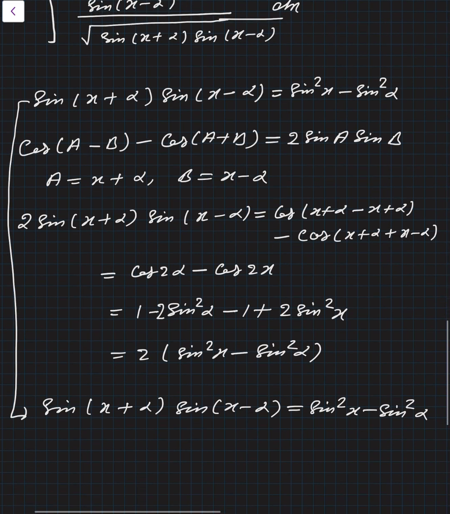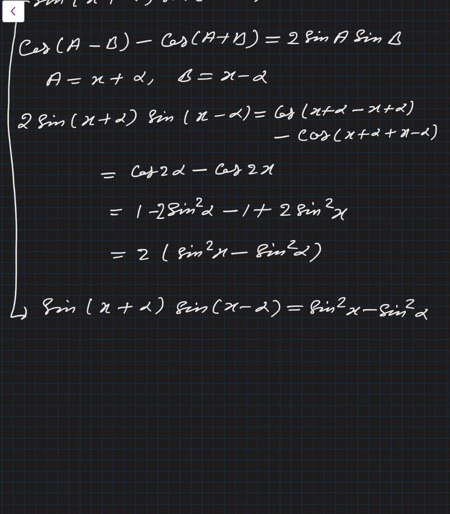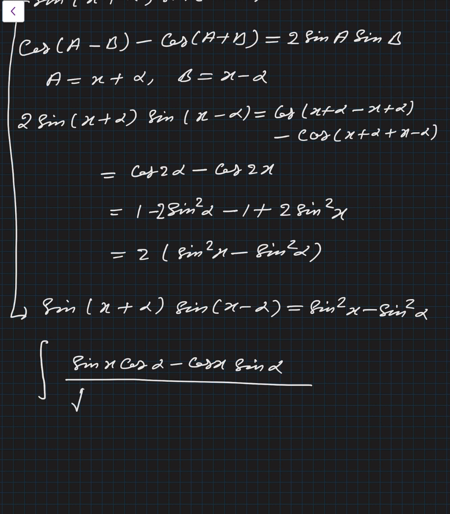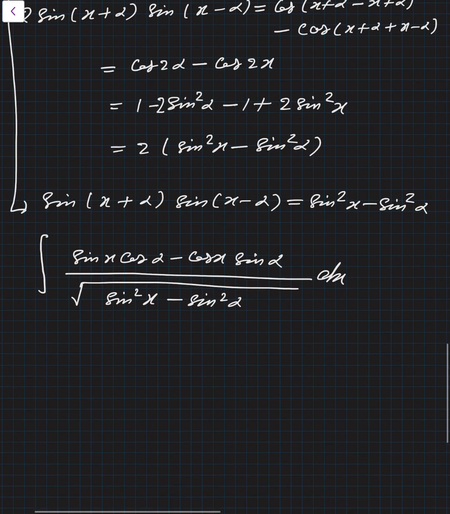So simply sin x cos alpha minus cos x sin alpha whole divided by under root of into dx. Clear.